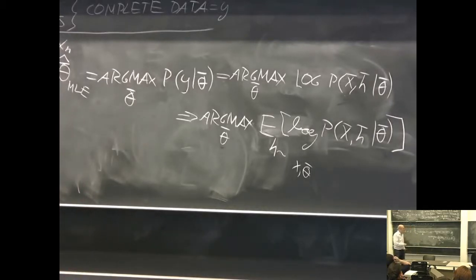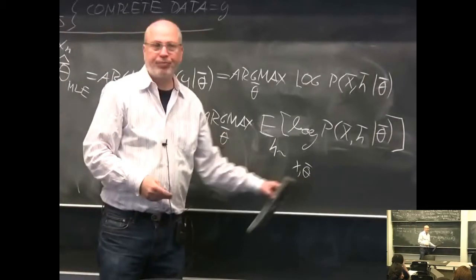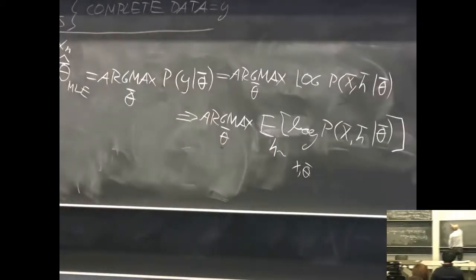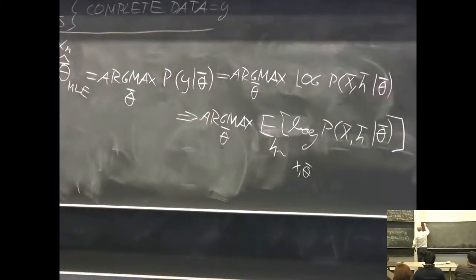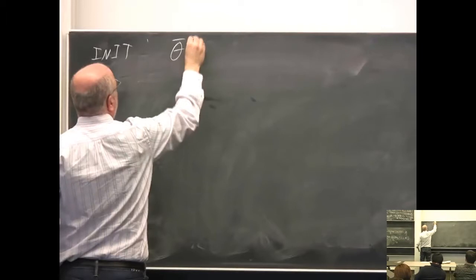So the chicken we're going to assume is some tentative values of theta. So we're going to initialize some values of theta. Call it theta 0.